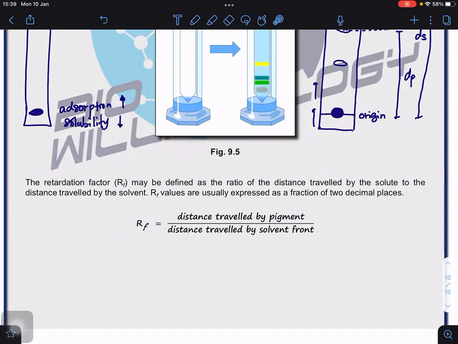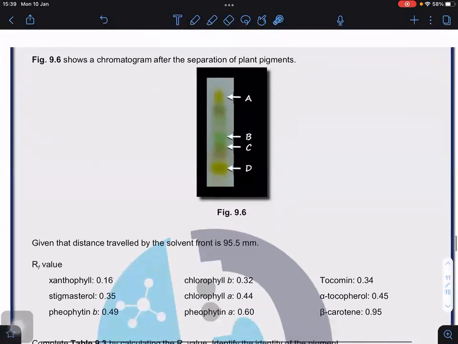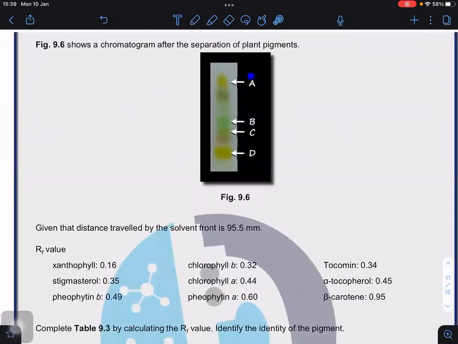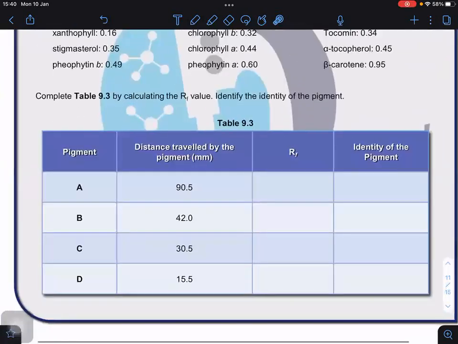From the RF value, we can go to the database. When you go to the database, you will be able to figure out who the pigment is. Now, in this example, I have pigment A, B, C, and D. Given that the distance traveled by the solvent front is 95.5 millimeters, and the RF values are given from a database, the distances traveled by the pigments in millimeters are 90.5, and so on.